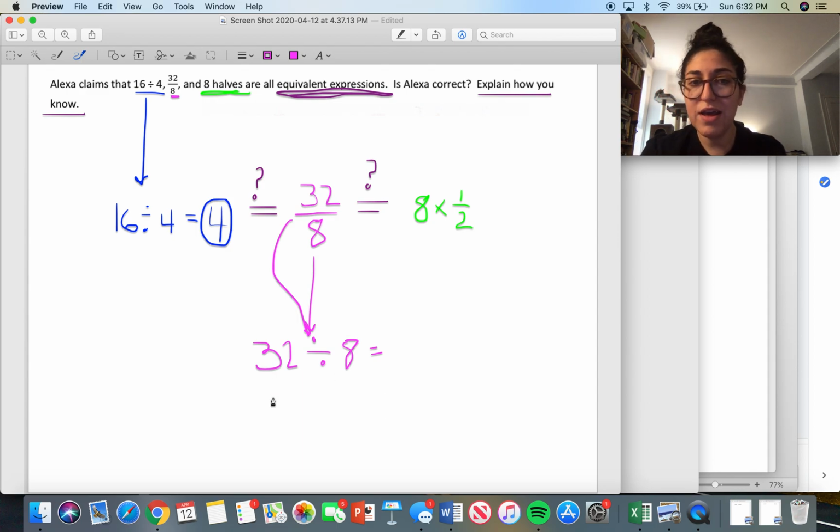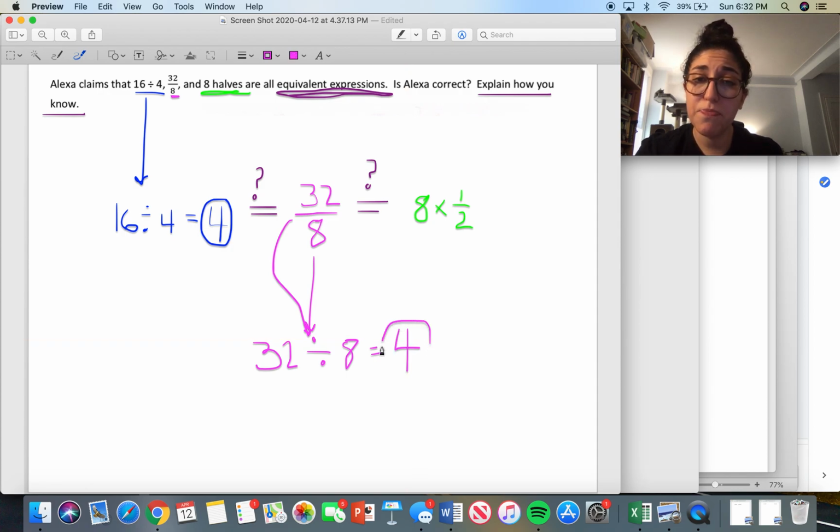So if I have 32 apples and I'm splitting them into 8 bags, picture that or draw it, whatever works for you, how many will I have in each group? I will have 4 in each group.